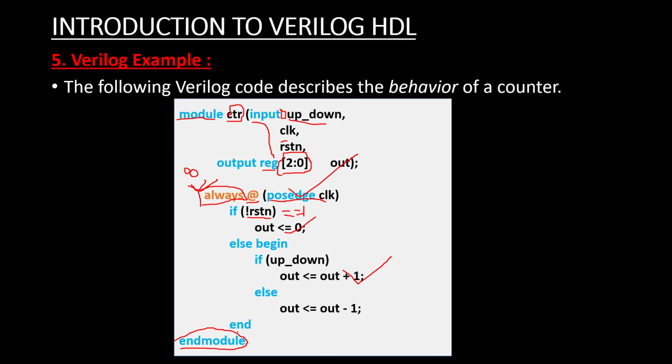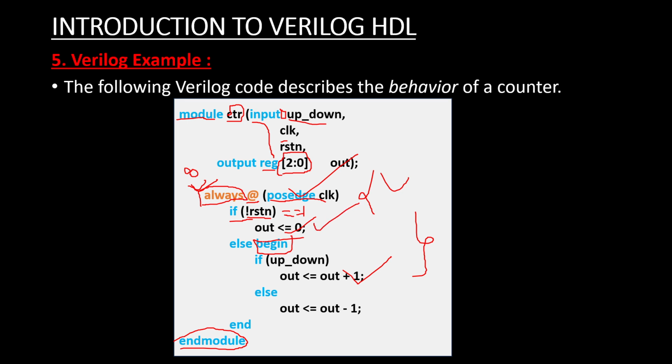We have to end it because we have to use the begin and end. Previously I told, right? Begin and end are used as flower brackets in Verilog. So in the if statement we haven't used any begin and end because we have only one statement.